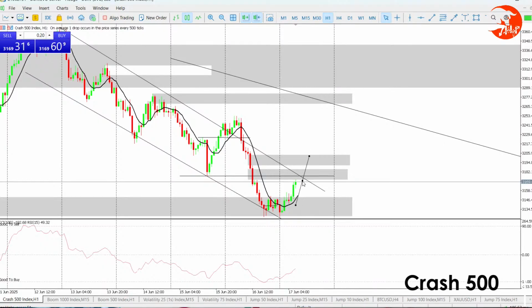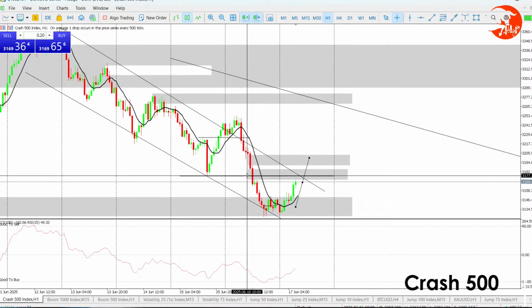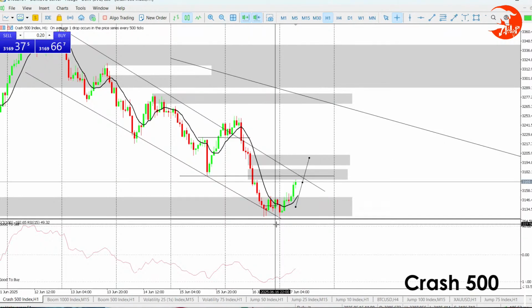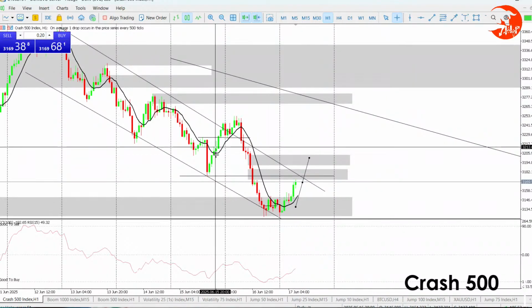I can easily leave this, because it is on the breaker block. This is the breaker block level right there where price broke structure to give us a new lower low right down below here.